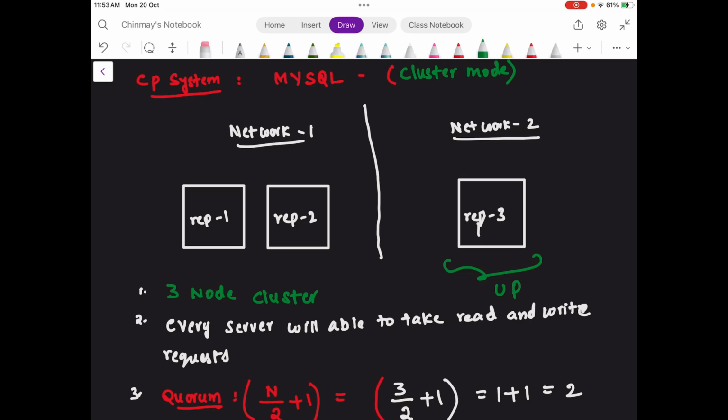Whatever requests came to network 1 during the downtime of network 2, network 1 should start transferring that data to network 2. Data transfer happens.